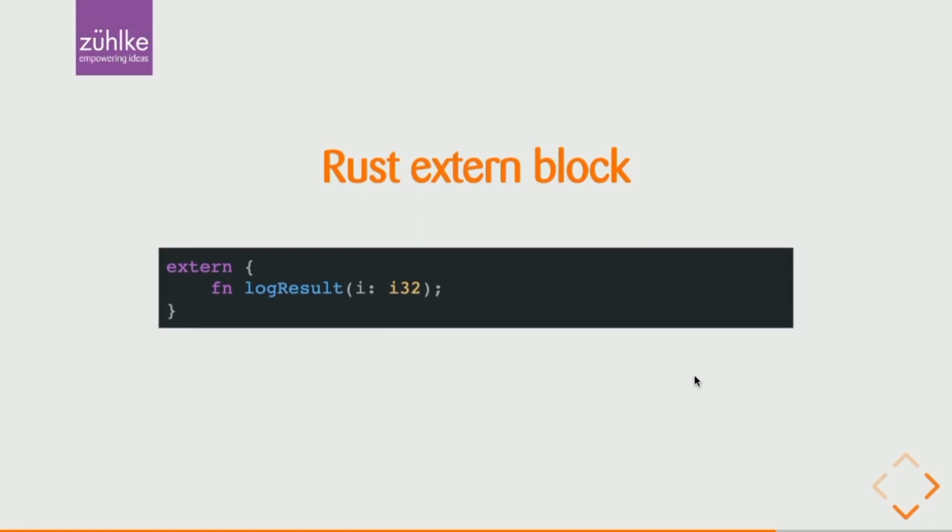With Rust, we can say there's a function, it will be called logResult, and since we can't pass strings yet, we will just pass an integer. So you can put in one integer, and it's a 32-bit integer. We will obviously look into this a bit more afterwards so that we can have our proper Hello World project. But for now, we have to stick to integers.